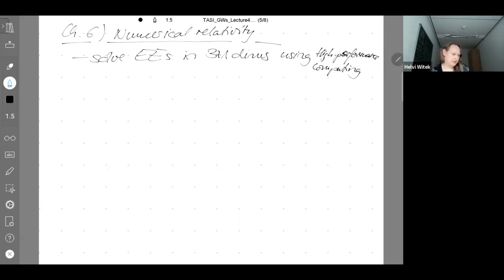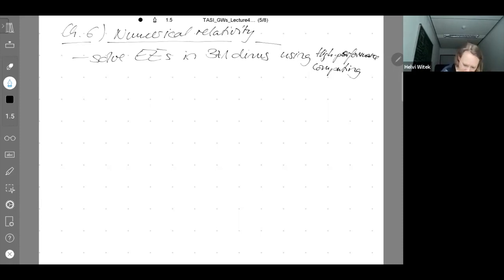Okay. And the way I like to think about it, or the way I like to split it up usually, is that we first of all have quite a list of ingredients on the theoretical level that we need to develop before we can actually start implementing numerically or computationally our set of equations to then simulate, for example, a compact binary that emits gravitational waves.